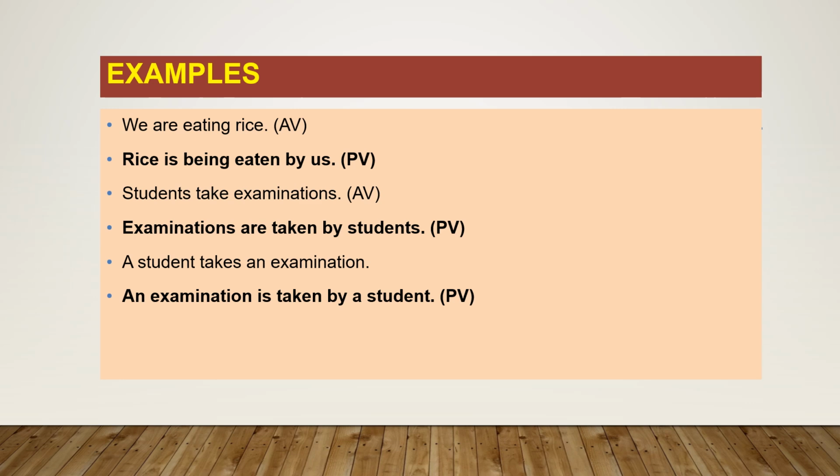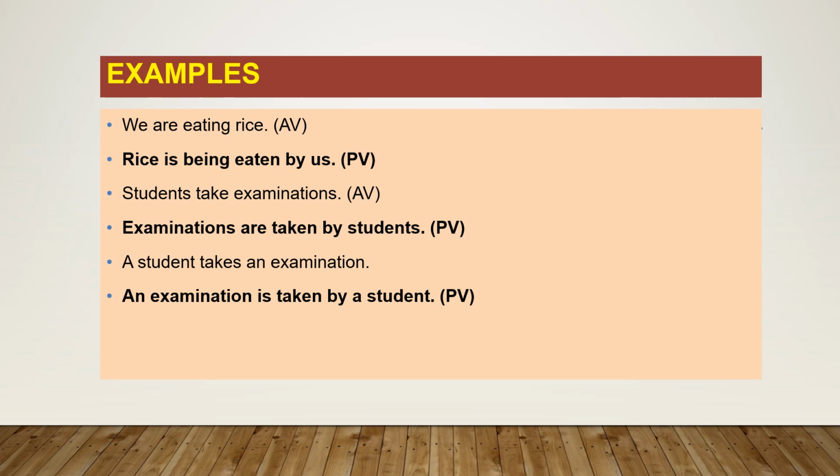Now, examinations is the object, so it becomes the subject. Examinations are taken. Now, take is simple present tense. Are taken, because examinations is the plural form, are is used. By students. Students was subject, so use by to add students.